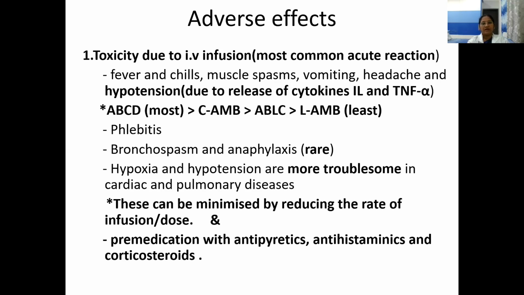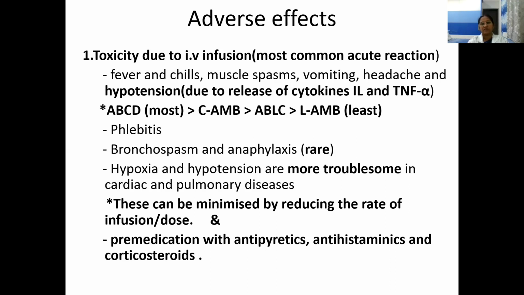Amphotericin B colloid dispersion has more toxicity when compared to conventional amphotericin B, and it is less toxic than the amphotericin B lipid complex, and liposomal amphotericin B is least toxic. This drug can lead to phlebitis, bronchospasm, and anaphylaxis.